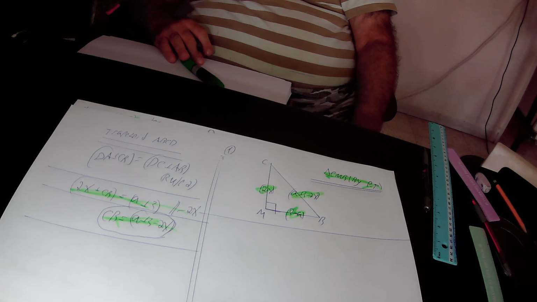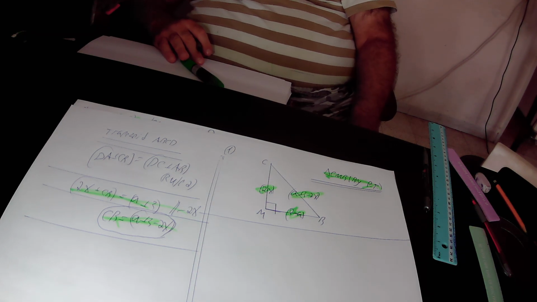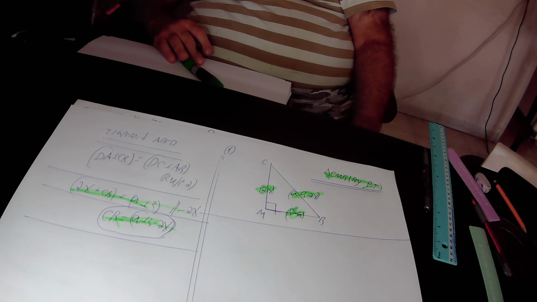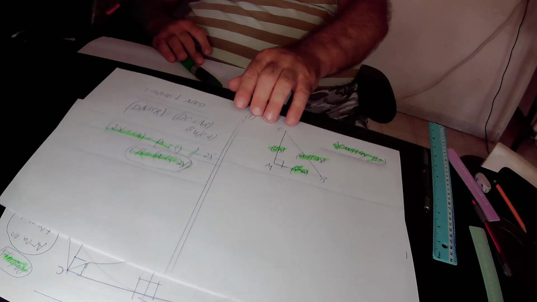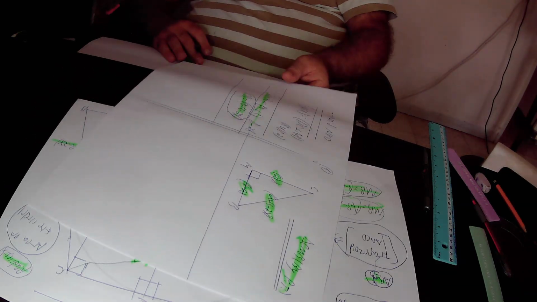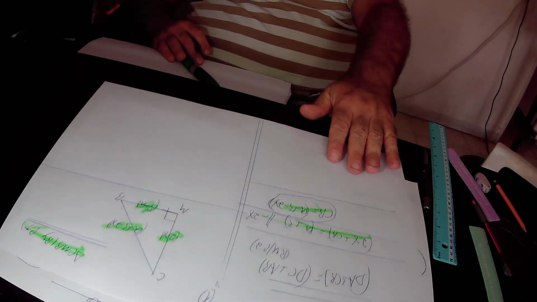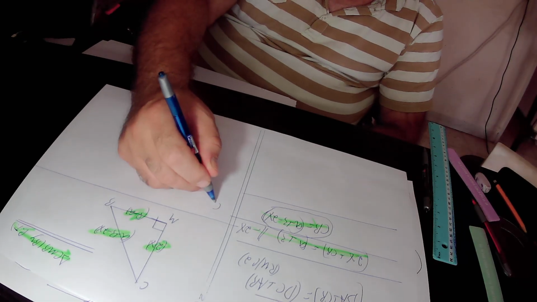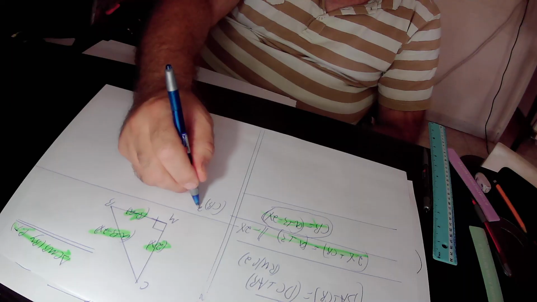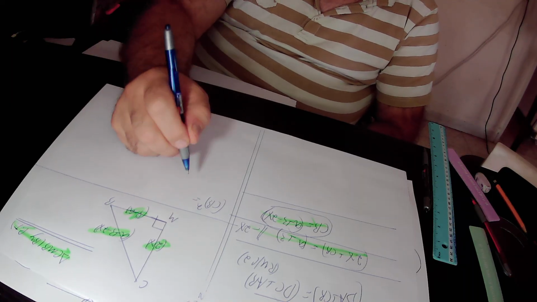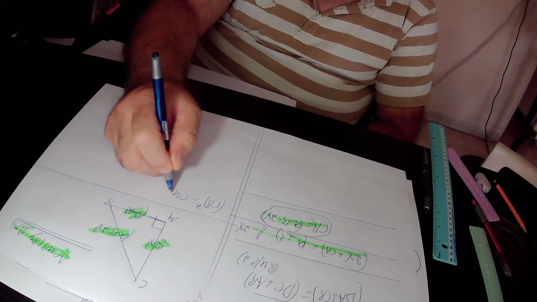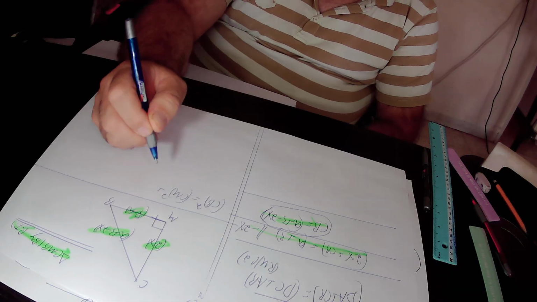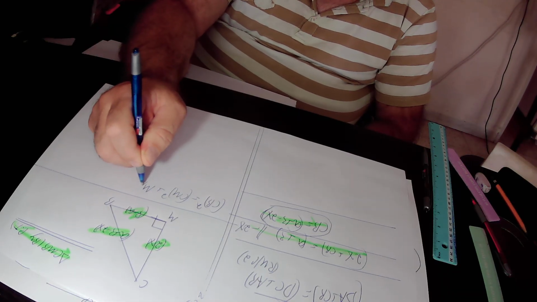In this right triangle CMB, CB squared, that is the square of the hypotenuse, equals CM squared plus MB squared. So I write it down: CB squared equals CM squared plus MB squared.